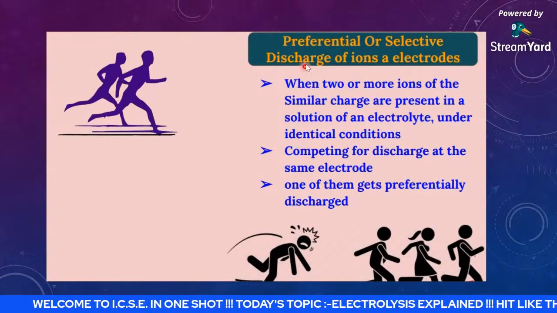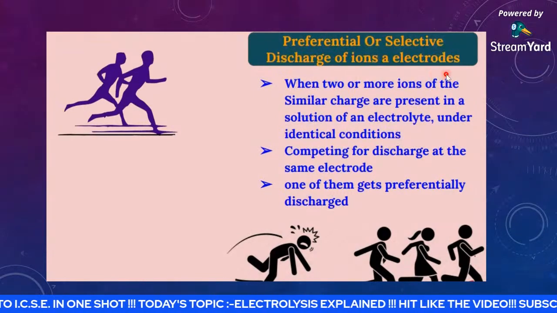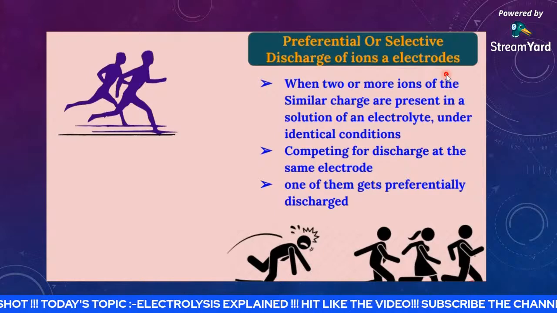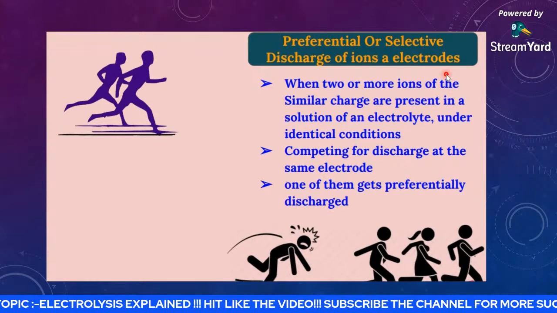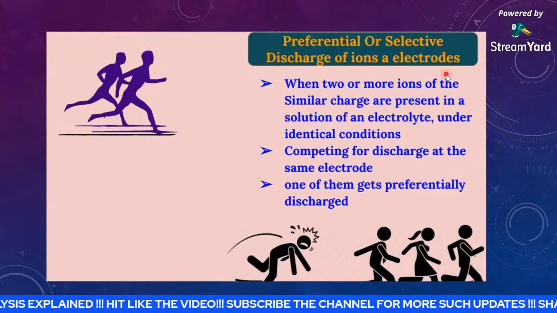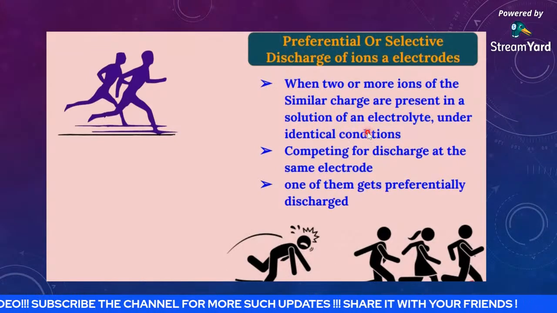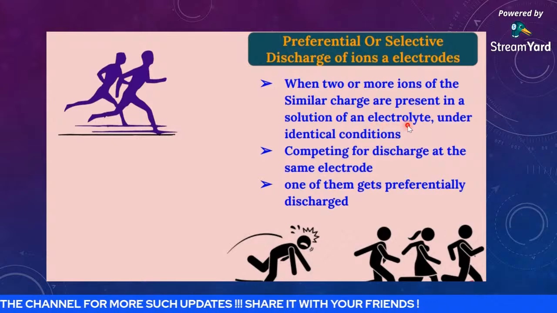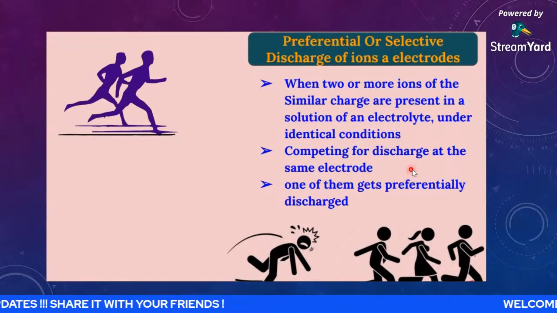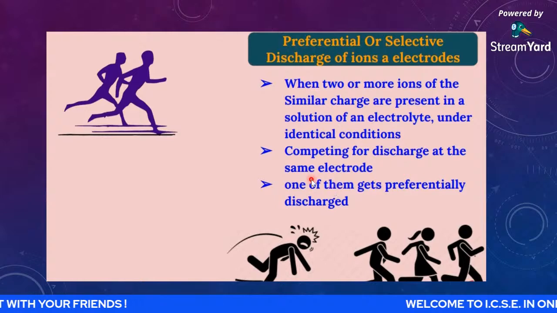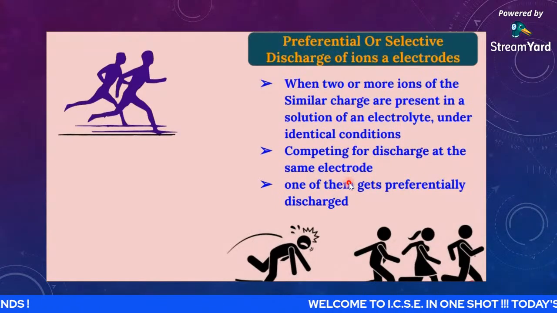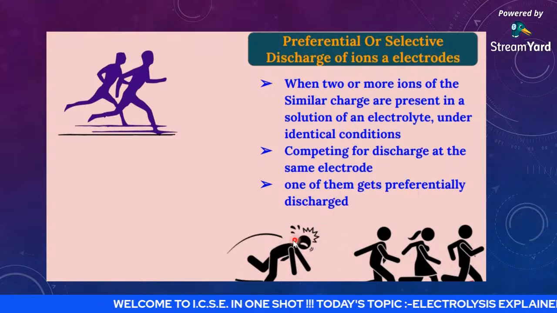Now, the preferential discharge of ions at electrodes. Whenever two or more ions of similar charges are present in the solution of the electrolyte under identical conditions, competition exists between which should be discharged at the cathode and anode respectively. Only one of them gets preferentially discharged.